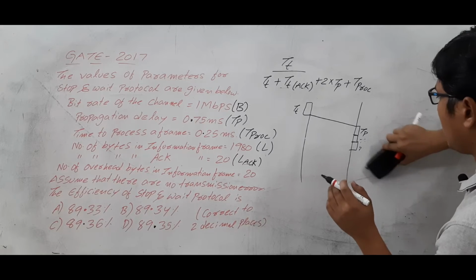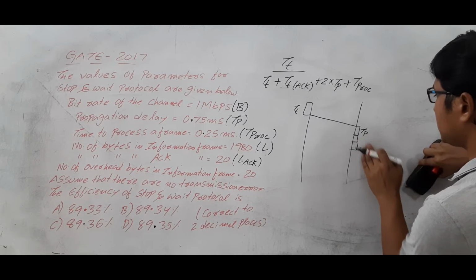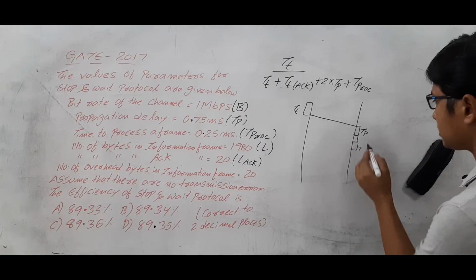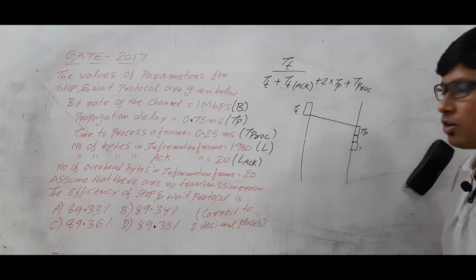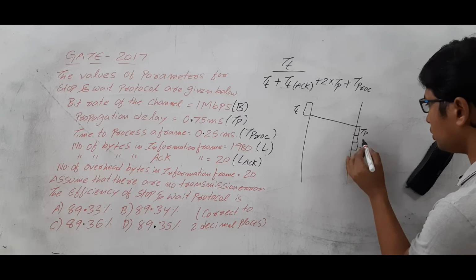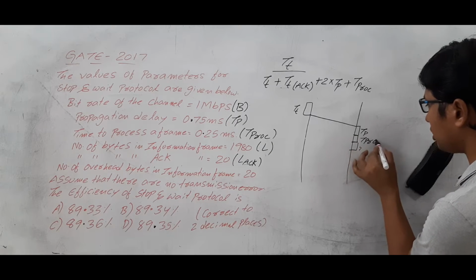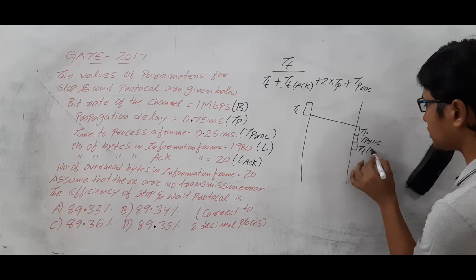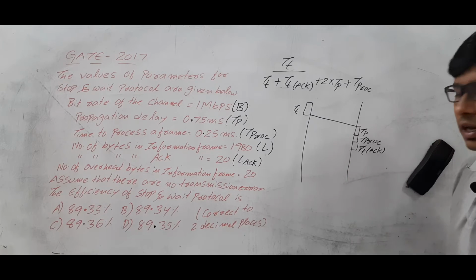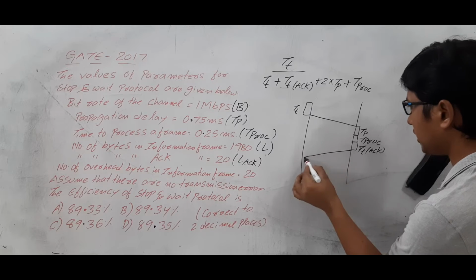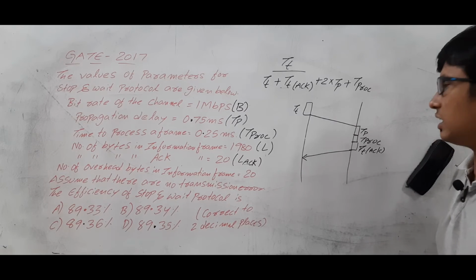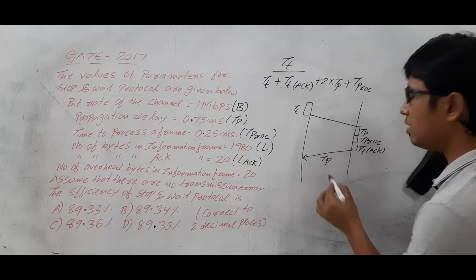After the propagation delay, meaning the entire packet arrives, the receiver has to process and send the acknowledgement. Whatever acknowledgement it transfers has to reach the sender again, so you will have another propagation delay.